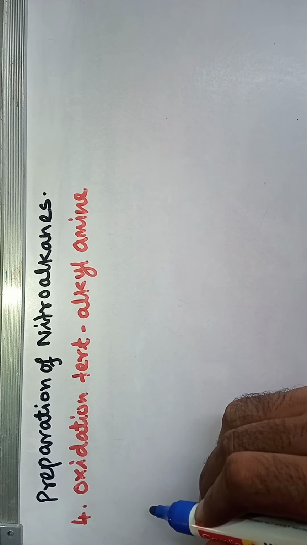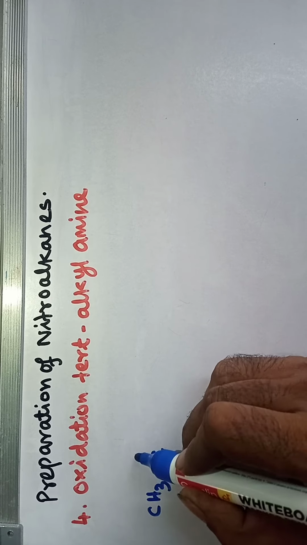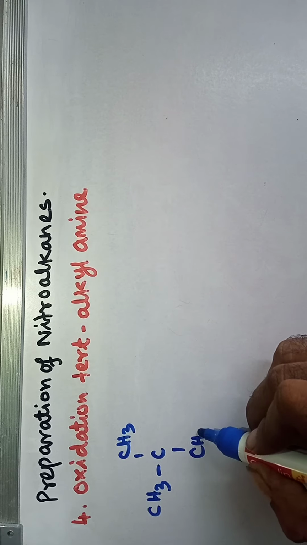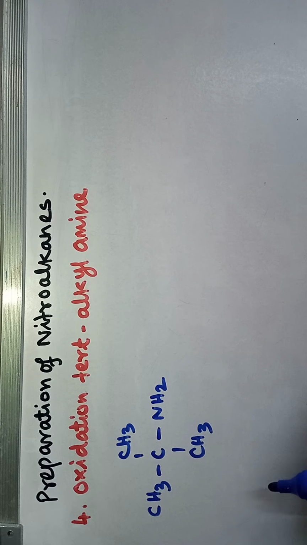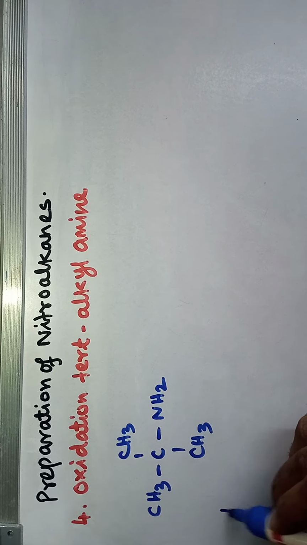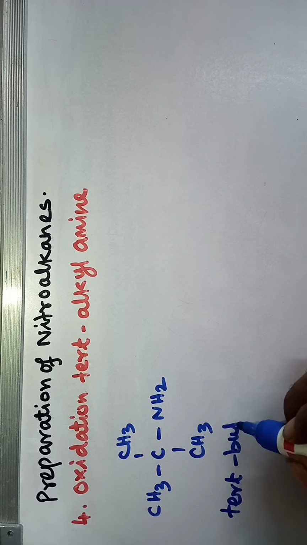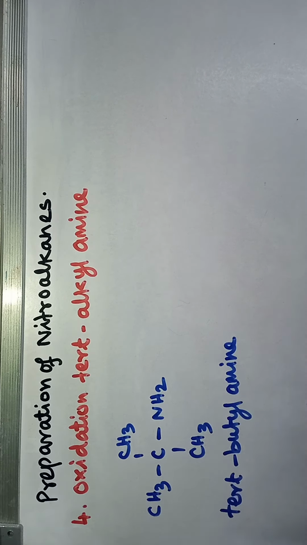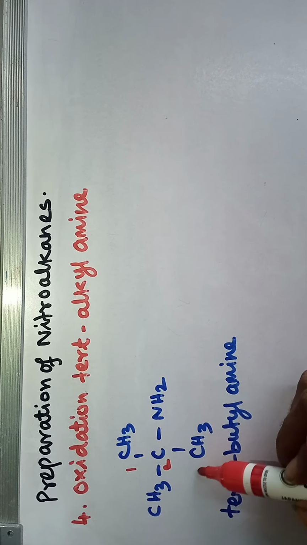Tertiary butylamine. CH3, CH3, CH3, NH2. This is the tertiary butylamine, or another name we can say. 1, 2, 3.